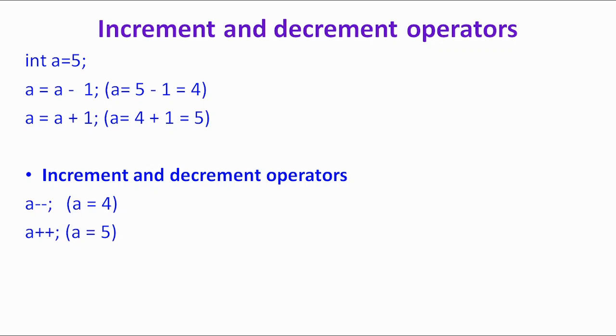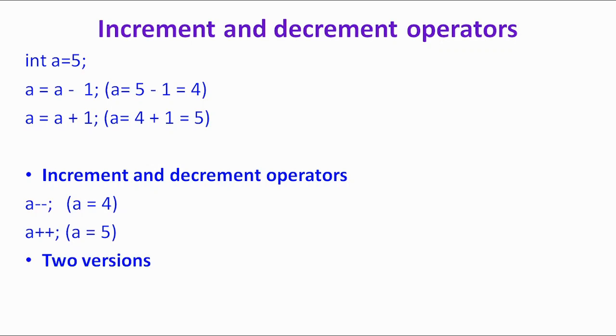Two plus operators represent the increment operator. a++ is an increment operation which increments the value of a by 1. Though the result of the increment operation and the addition by 1 operation are the same, this is more convenient to use, especially when it needs to be used frequently in a program.